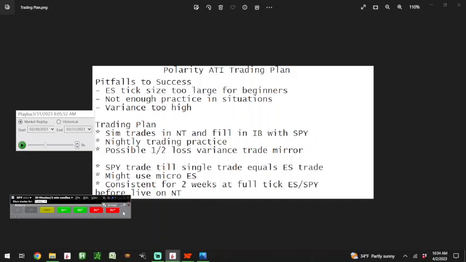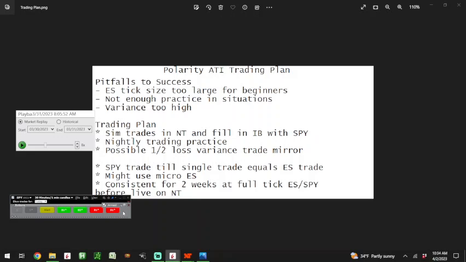This is going to take a little bit, because I need to work myself up to be consistent before I actually use NinjaTrader.